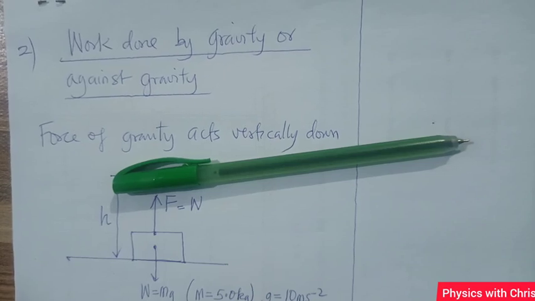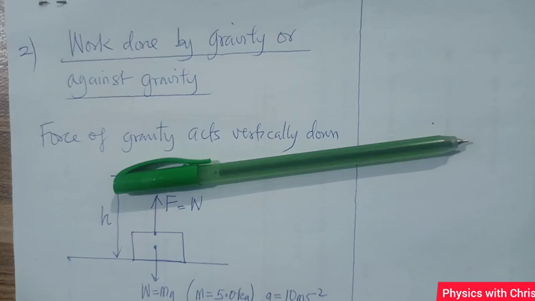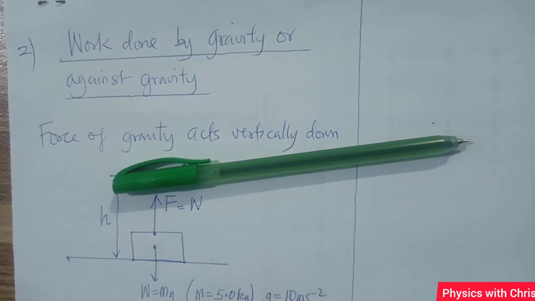So when work is done against gravity, it means that the object moves in a direction opposite to the direction of gravity, and then the object gains energy. The work done by the external body on that object translates to the gain in the gravitational potential energy of that body.